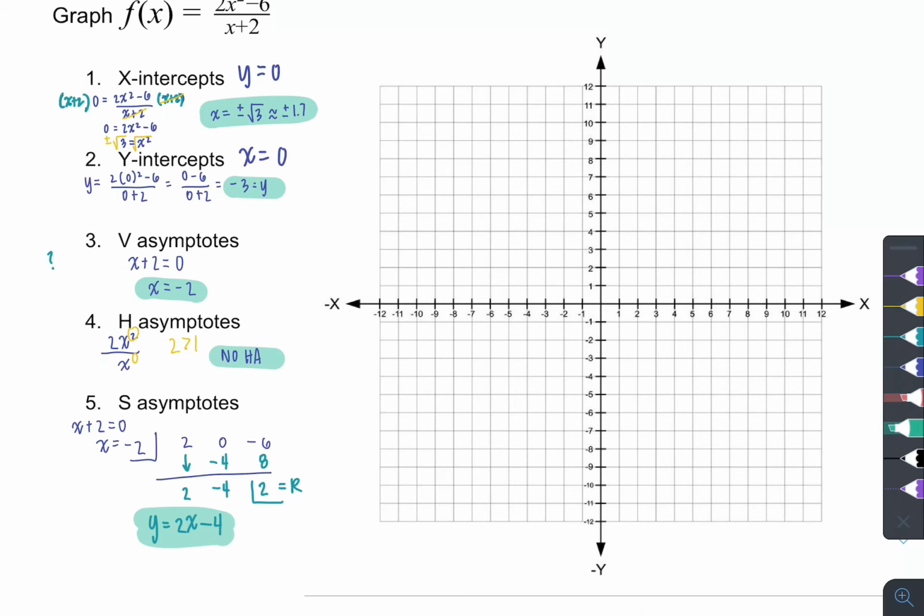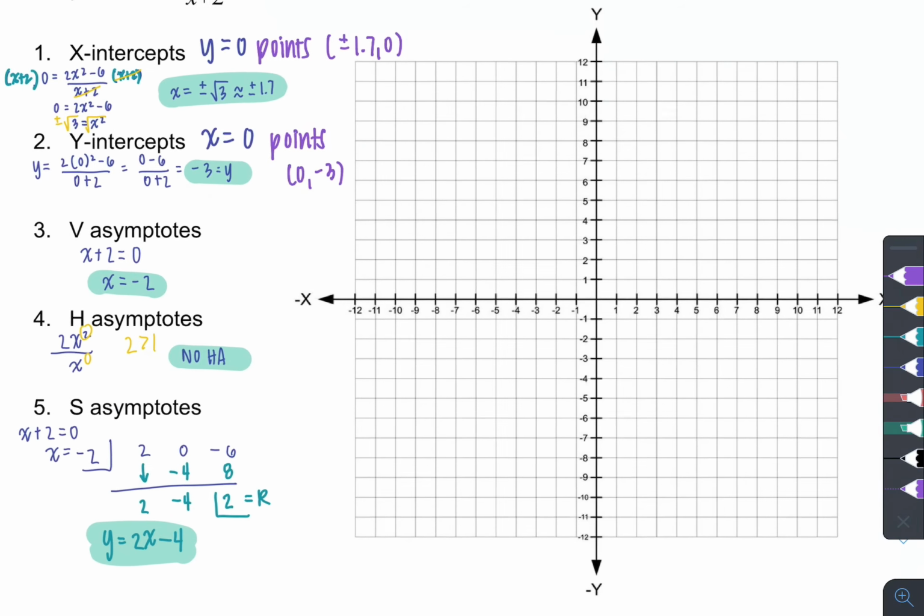All right, so then we're going to graph all these things. Our x-intercepts and y-intercepts, these are points. So this is actually going to be the point: our x is going to be plus or minus 1.70, and then for y, it would be 0, negative 3.